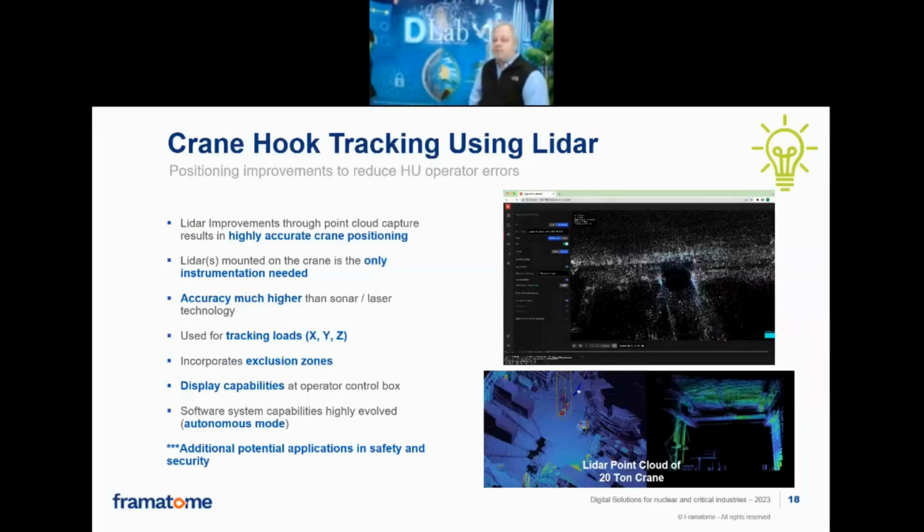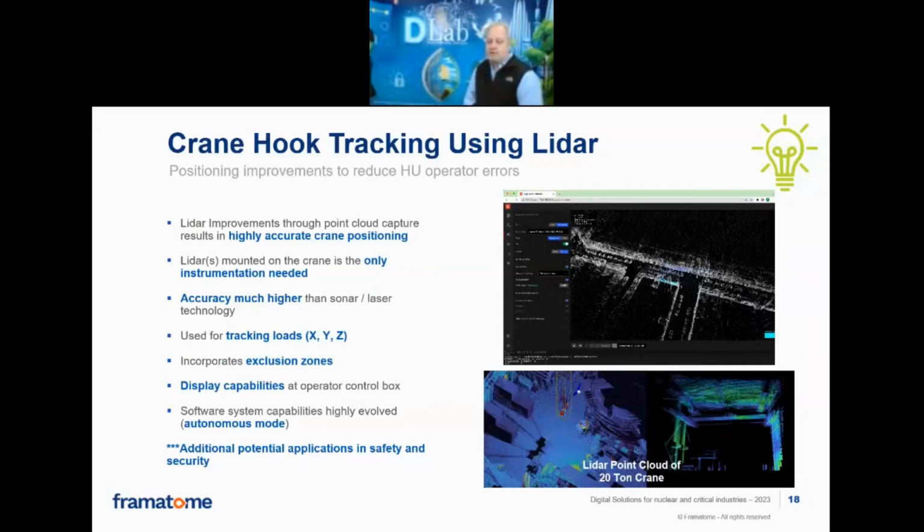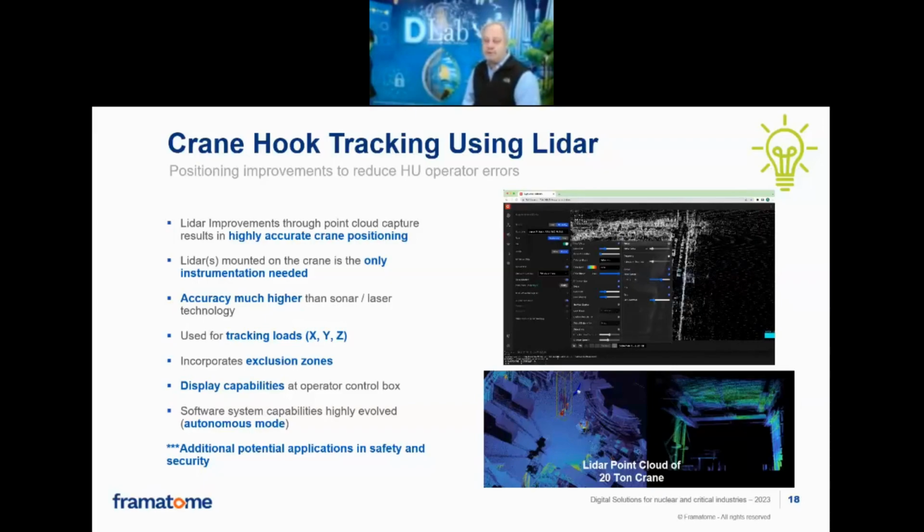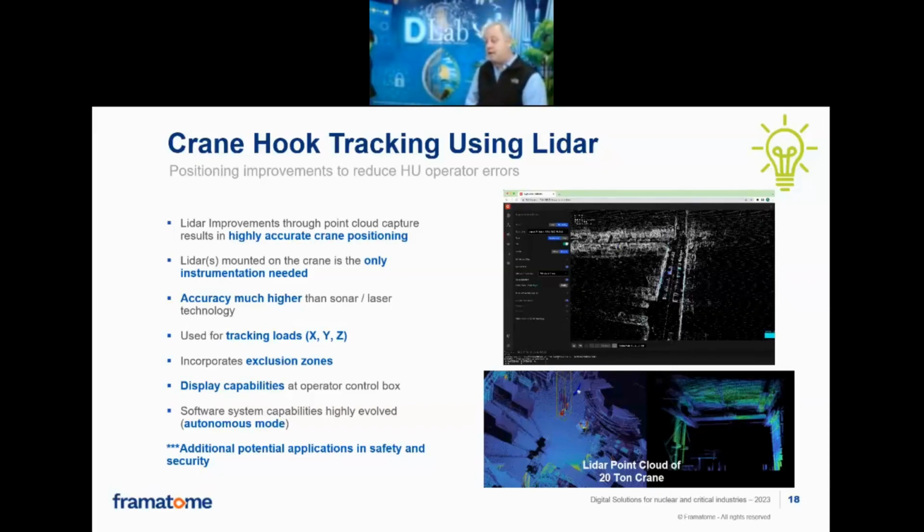As we started working through this, and this was not just a one-time development, we looked at sonar originally. We moved from sonar to LiDAR because we've seen how the autonomous mode of cars could get us in a position to more effectively control that. So we looked at how we could track those loads in X, Y, and Z coordinates.